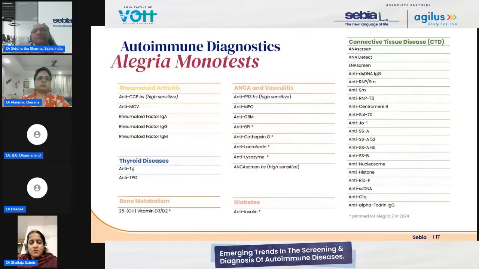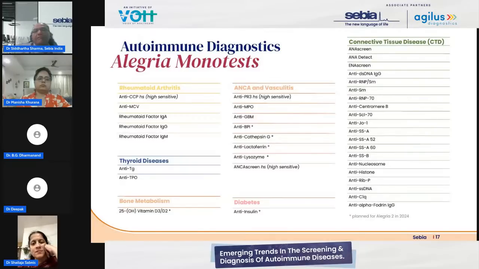So this is the menu which is available on the Allegria systems, that is both the Allegria 2 and the Allegria 1 system. For different diseases the parameters are available, and we talk specifically of rheumatoid arthritis. We have the anti-CCP, high sensitive anti-MCV, which is the mutated citrullinated vimentin, apart from the rheumatoid factors.